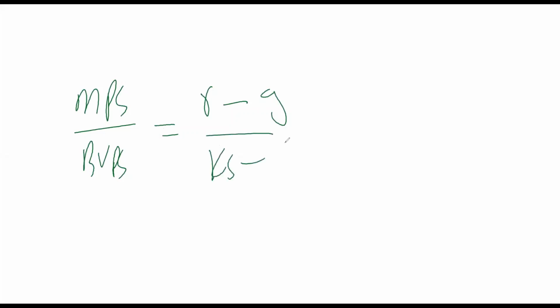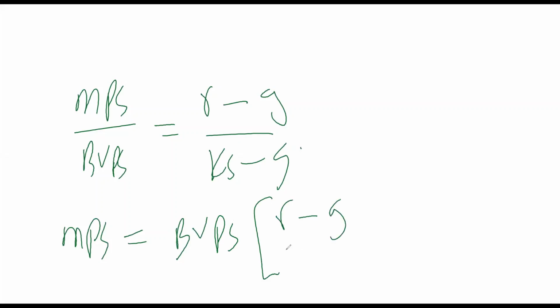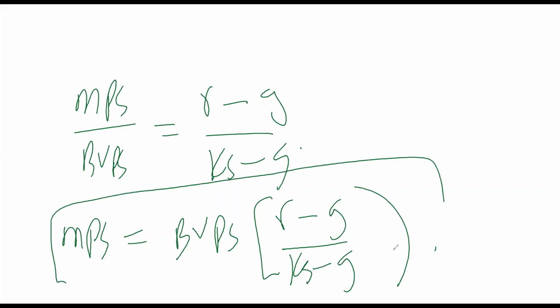Market price of a share divided by book value per share is equal to R minus G over KS minus G. So if you express MPS, it is equal to book value per share times R minus G over KS minus G. This is a Marcon model, eh?